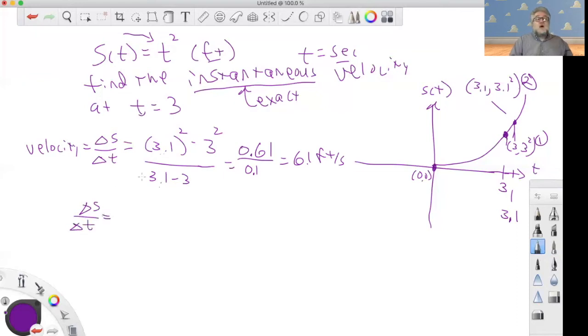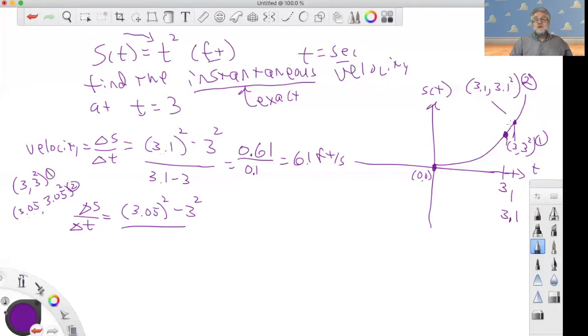Let's try 3 and 3 squared, and we'll try 3.05 and 3.05 squared. So instead of using 3.1 seconds, we'll use 3.05 seconds. Okay, now we're cooking with gas. This is going to be awesome. So it'll be y2 minus y1 over, I'm looking over here, this is 0.2, this is 0.1. These are my 2 points on the curve.